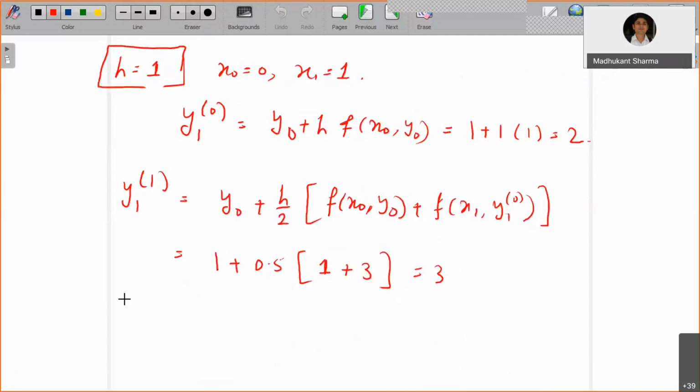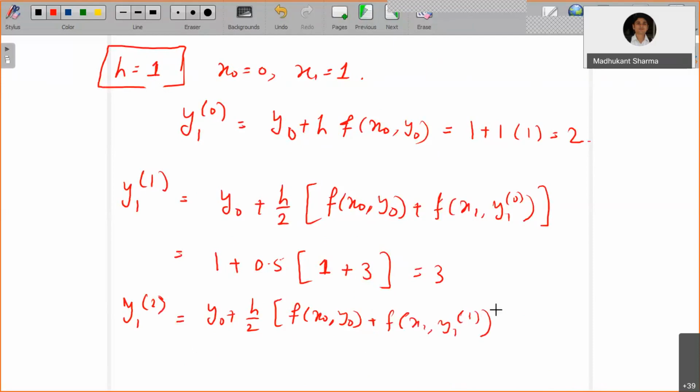Now what is y1 of 2? That's going to be y0 plus h by 2 times f of x0 comma y0 plus f of x1 comma y1 of 1. Now you are going to use the previous correction as the prediction. So that's going to be 1 plus 0.5 into 1 plus f of x1 comma y1.